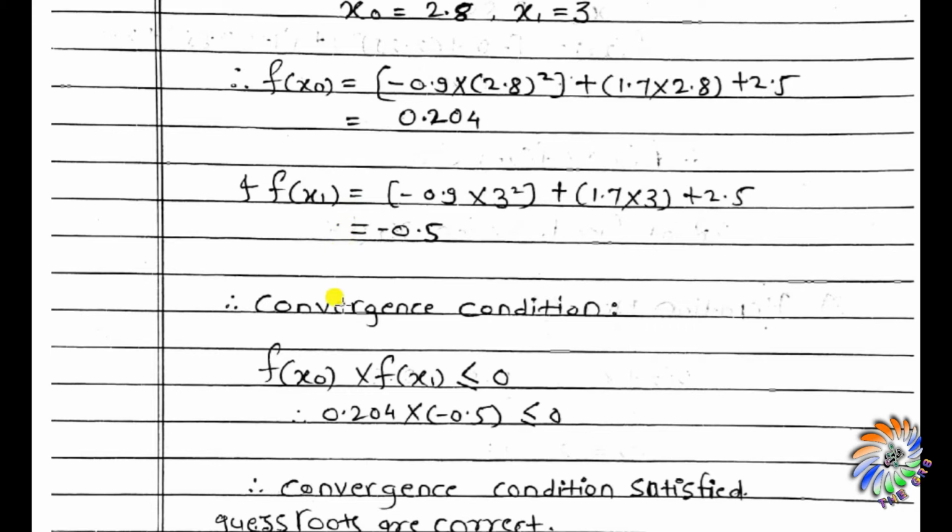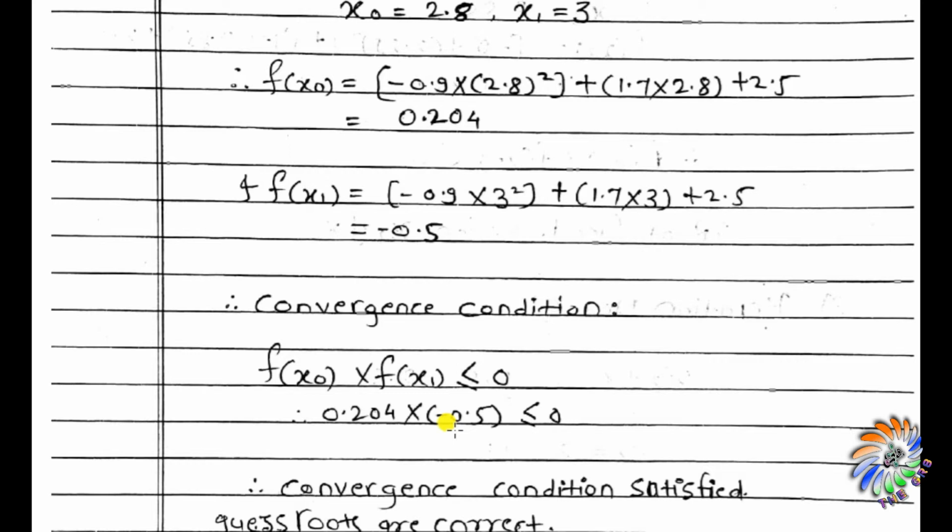Now we have to use the convergence condition. Now what is the convergence condition? f of x0 into f of x1 should be less than or equal to 0. Means the product of 0.204 and minus 0.5 should be less than or equal to 0. Now here see 0.204 and minus 0.5, the product will always be negative.